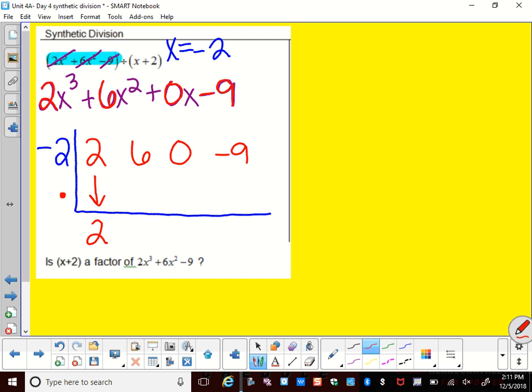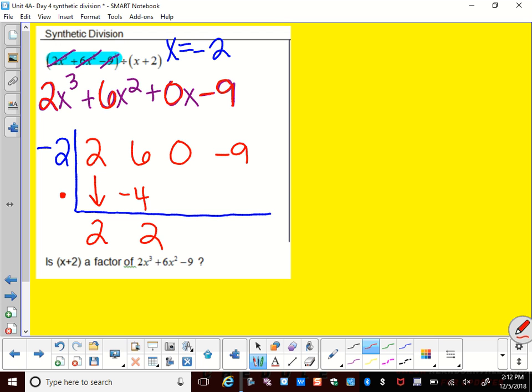So what's 2 times -2? That goes there. We multiply diagonally and we plug in our answers. When we go straight down, we are adding. But 6 plus -4 is the same as just 6 minus 4. What's 6 minus 4? 2.